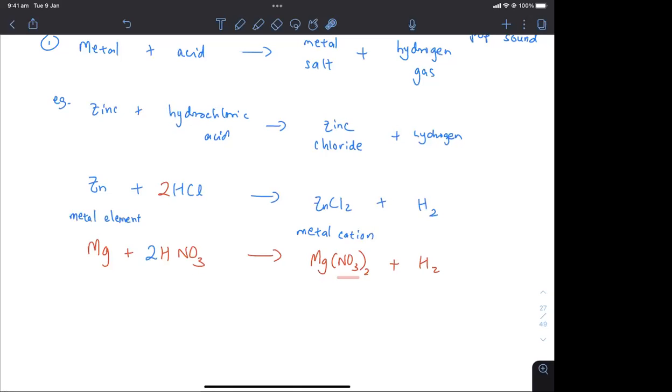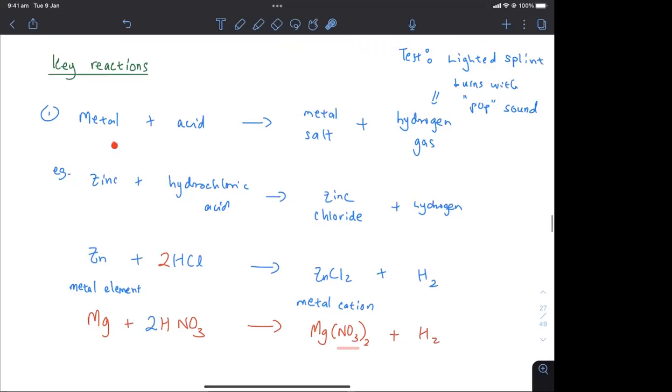What do you think, Afika? From the metal element on the left to the metal cation on the right, has it gained electron or has it lost electron? Loss. So the metal element has lost electron. Okay. So if you have lost electron, is that oxidation or reduction?